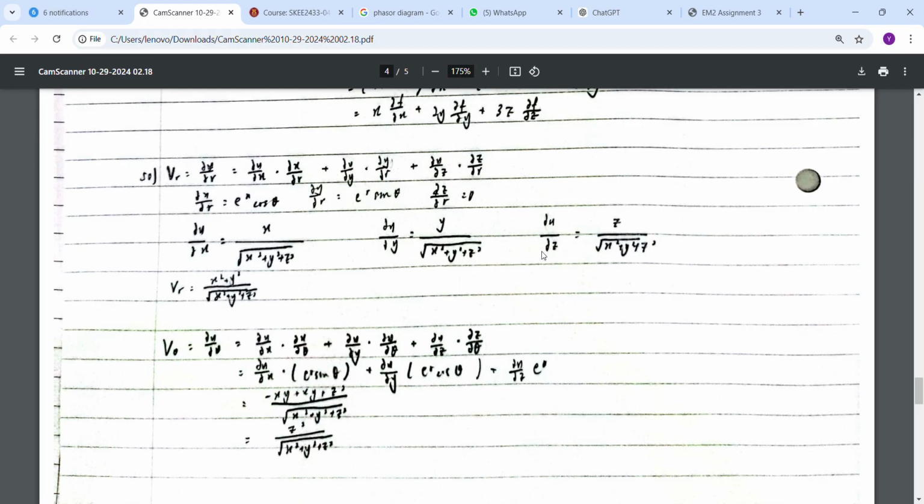After we find the equations, we can insert them back into our first equation so that we can find VR, the value of delta v over delta r.